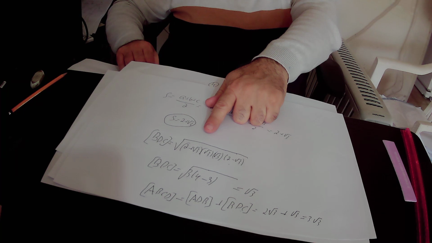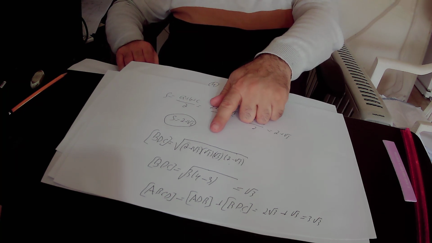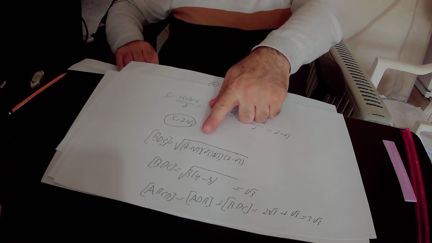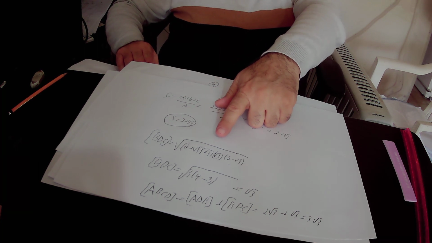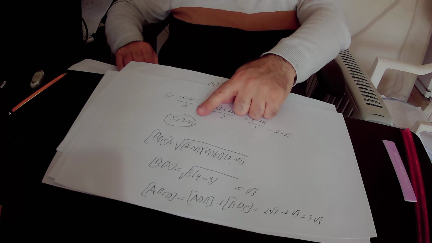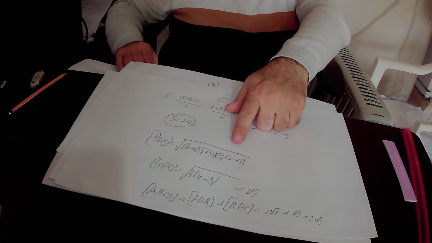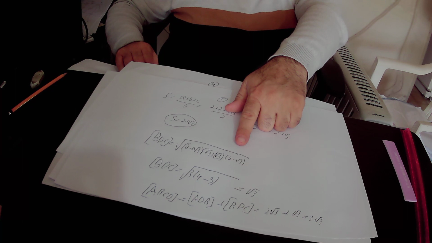And when we put the value of S inside this formula, S is 2 plus square root of 3, and S minus A will be equal to square root of 3, S minus B will also be equal to square root of 3, and S minus C equals 2 minus square root of 3.